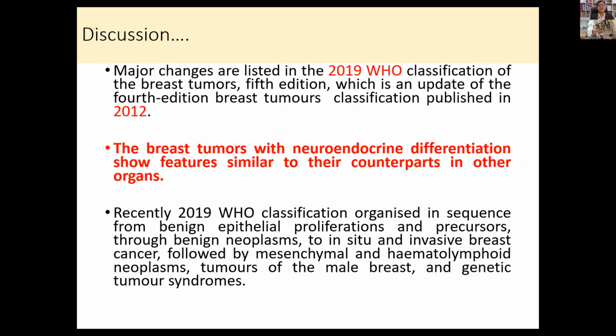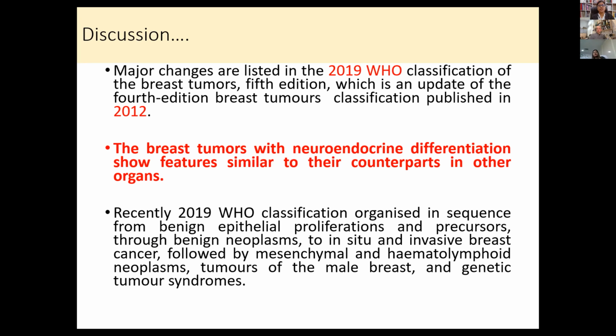The major changes are listed in the 2019 WHO classification of breast tumors, 5th edition, which is an update of the 4th edition breast tumor classification that was published in 2012.